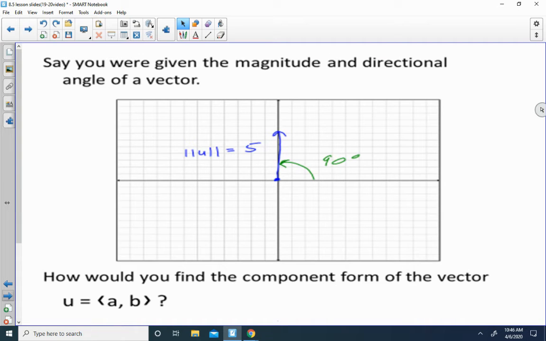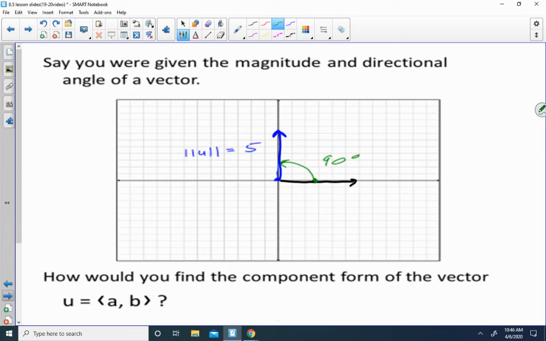So now that you know what the component form is, you know what a magnitude is, now let's talk about some other specific examples. So let's say you were given a vector, but you weren't given its direction. You were only told that it has a magnitude of 5 units, and you were also given that its angle from the origin, in other words, the angle it makes from the beginning, is 90 degrees.